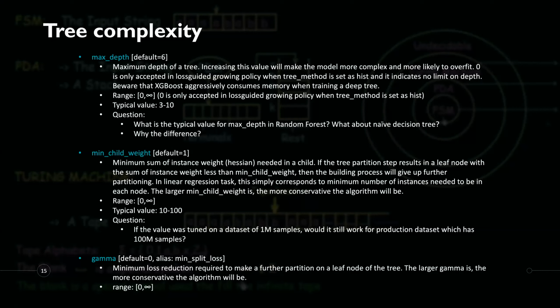That's how I interpret this difference in the typical values of max depth between those algorithms. The reason I brought it up is that the difference between bagging and boosting is a very frequent interview question for machine learning interviews.